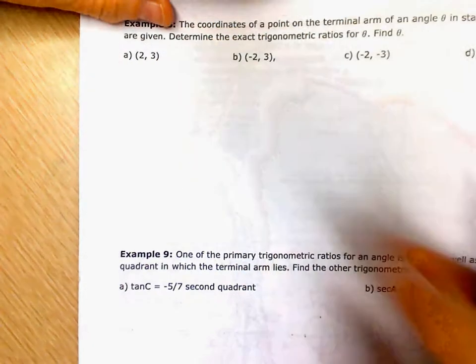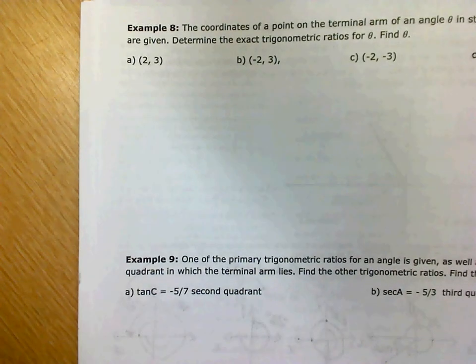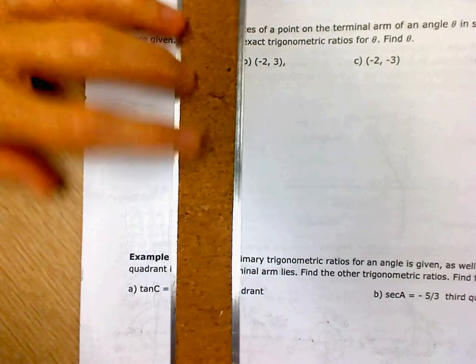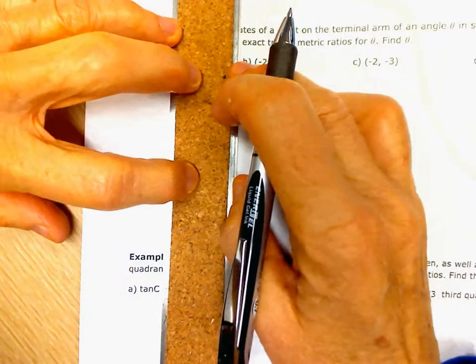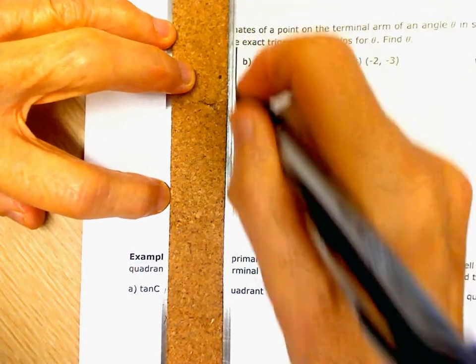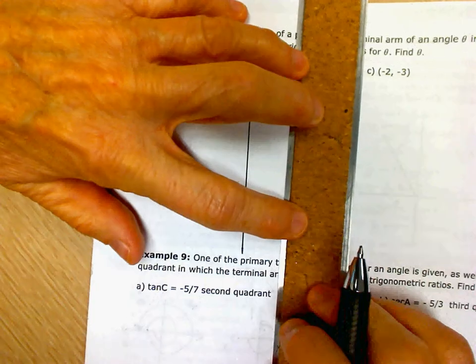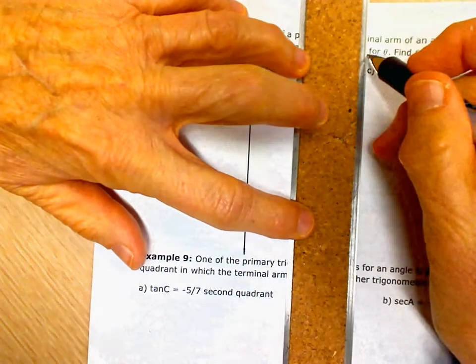Let's try to divide this up evenly. We're going to try to make room for everything. It's a tight squeeze, but I want you to see an important relationship.